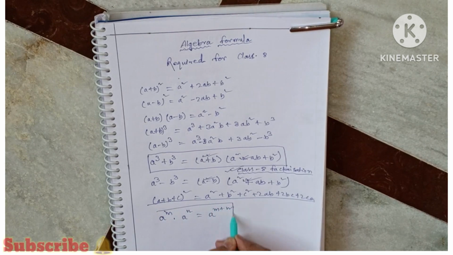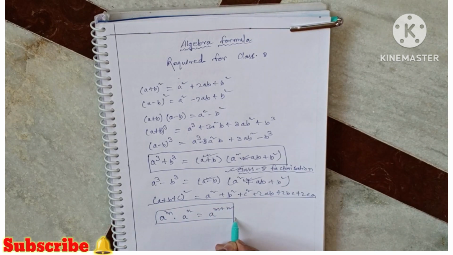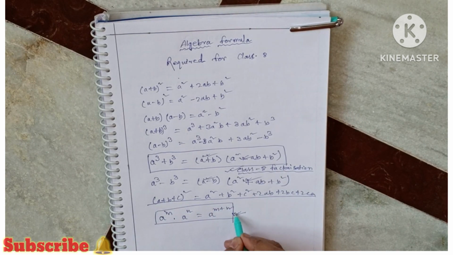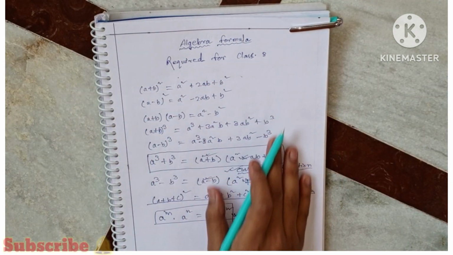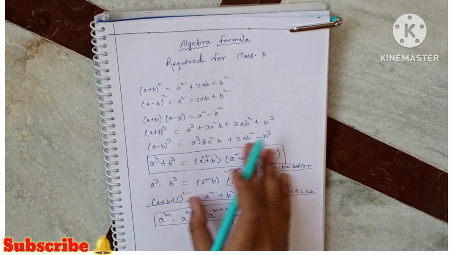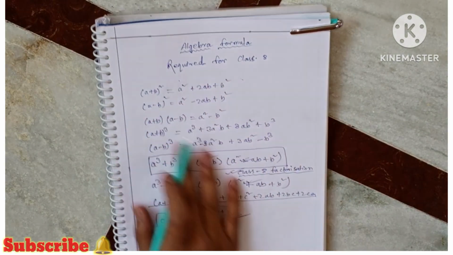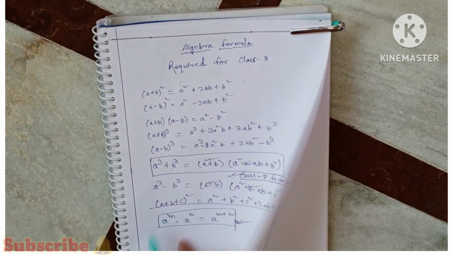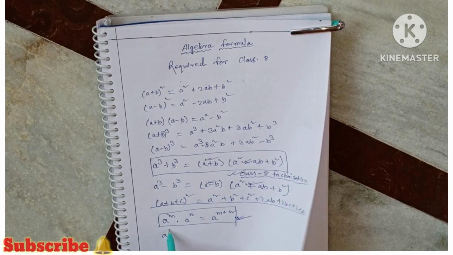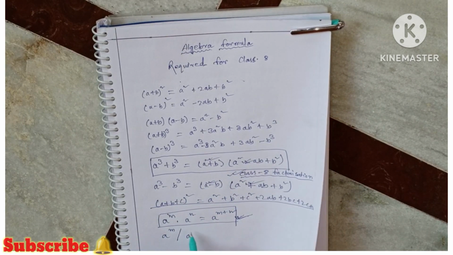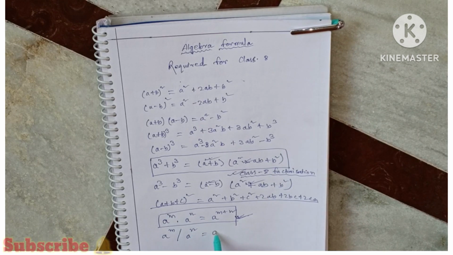This is the formula for exponents and power. This is always required because this formula is the basis of the others. Like a to the power m divided by a to the power n is equal to a to the power m minus n.